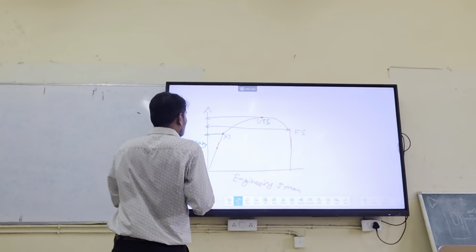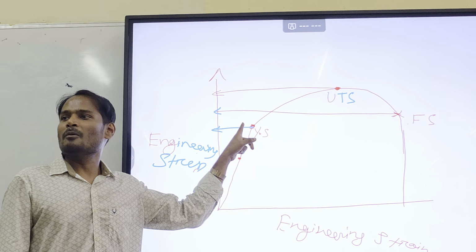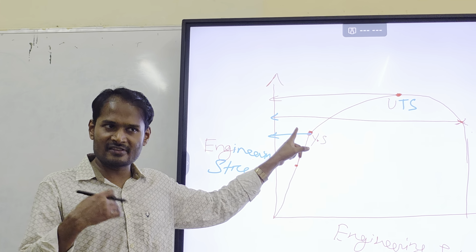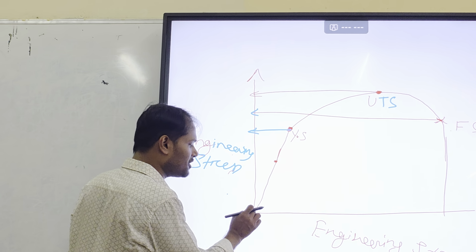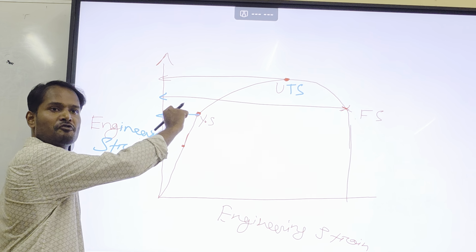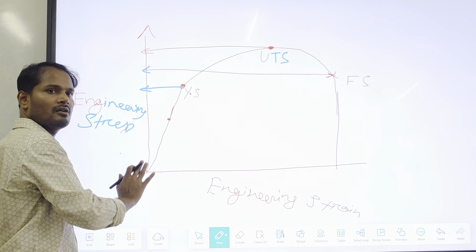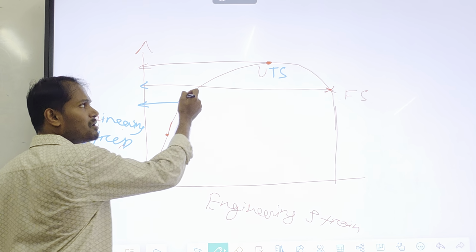Fine. So at this point, what exactly happens? Plastic deformation starts, or people call it the onset of plastic deformation. Up to here there is no permanent deformation, because if you release the load, it will come back to its original dimension. But beyond this, it will start deforming permanently.